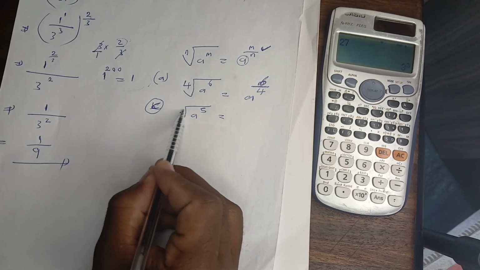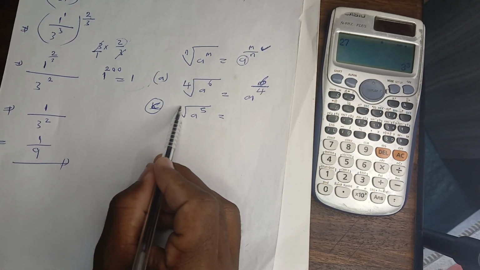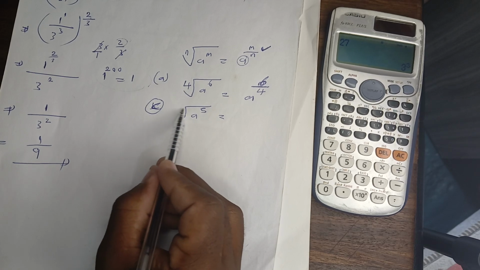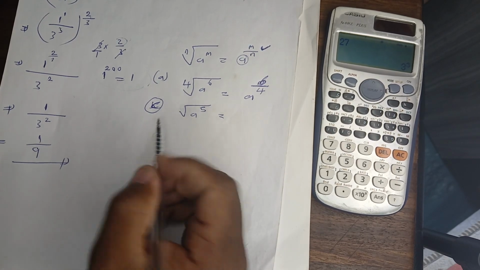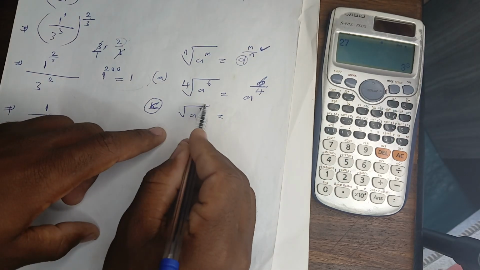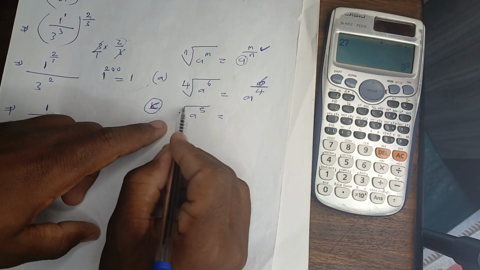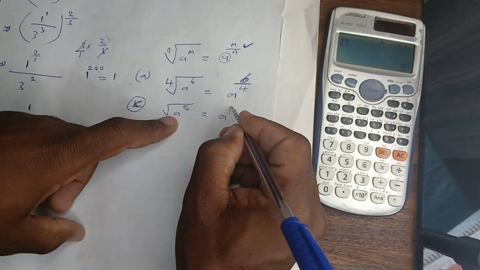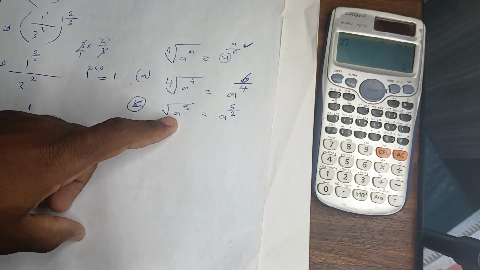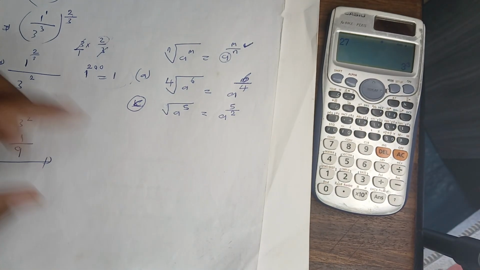If there is no number, there's a 2, because remember this one is the square root. A square root has got a 2. So when it is like this, there is 2. Remember, we're going to take this one on top, so it's going to be a to the 5 over 2. This is how we do it, guys.